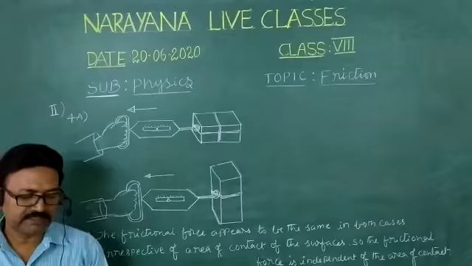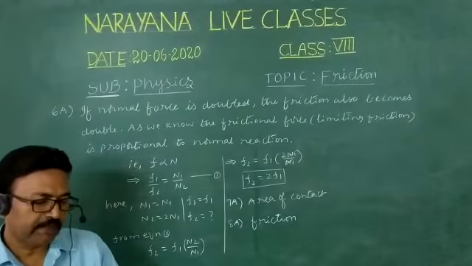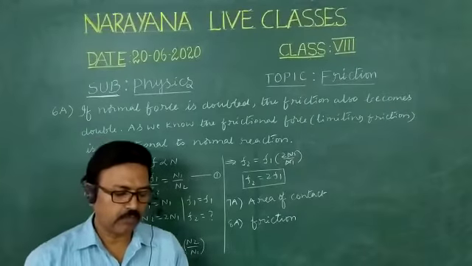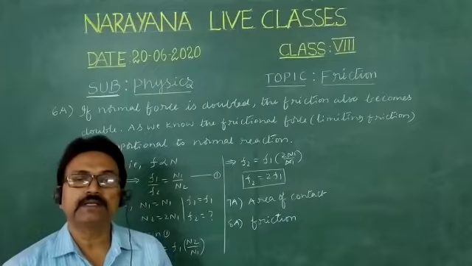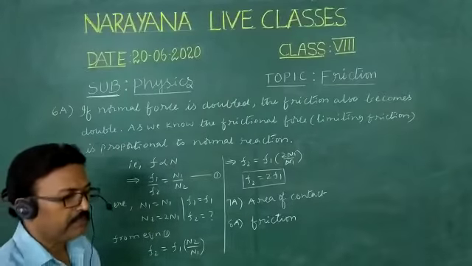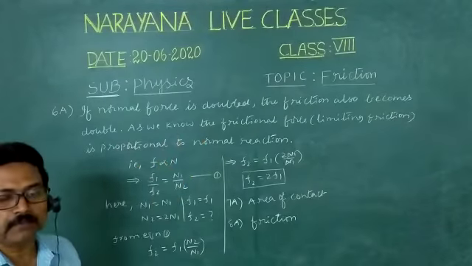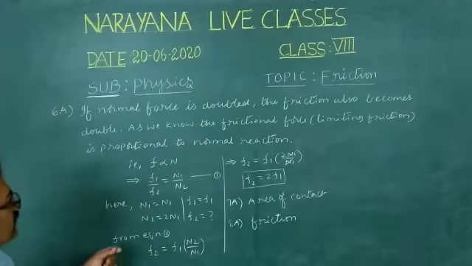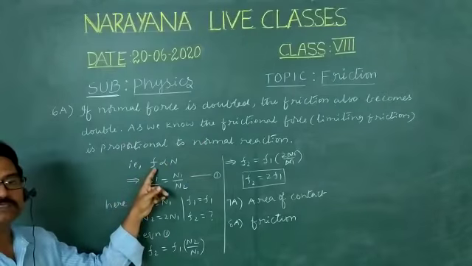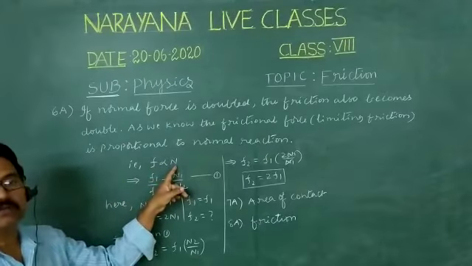Next, sixth one, if normal force is doubled, what happens to friction? Discuss. So this is a problem. The answer is the frictional force will also be doubled. How? Let us see. We know that frictional force is directly proportional to normal reaction.